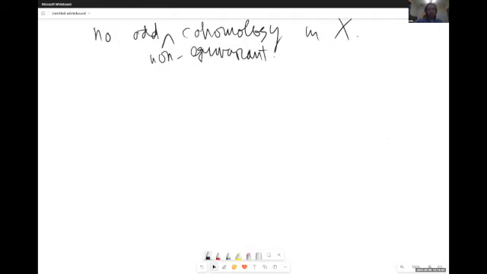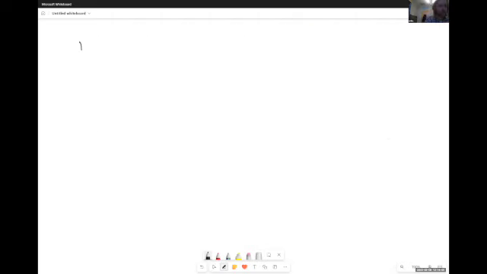And so now a theorem is that if we have such a space, then we have an explicit presentation of its equivariant cohomology, and from that I can also obtain its usual cohomology.